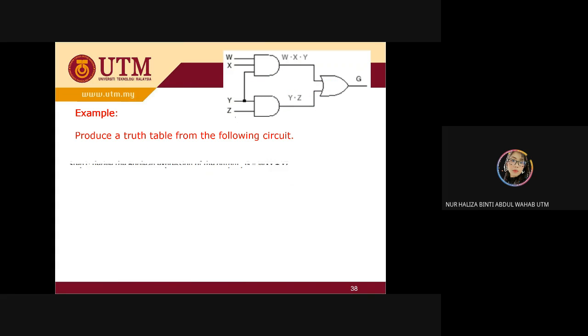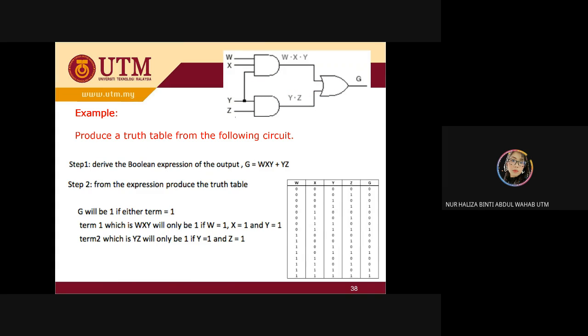So let's take a look at the answer here. You can see for X and Y, and if your W, X, Y is 1, 1, 1, you also get 1.